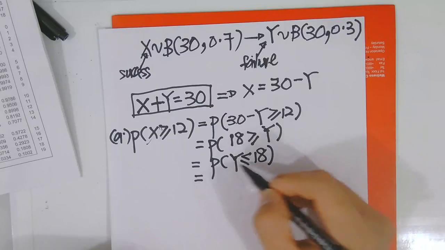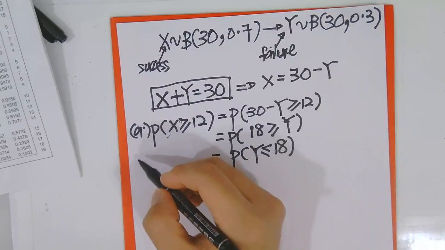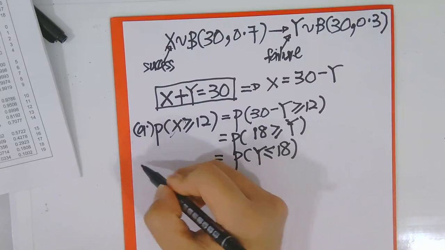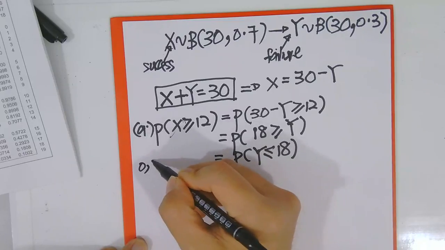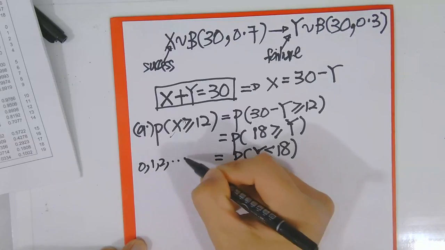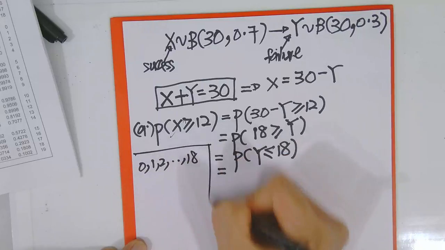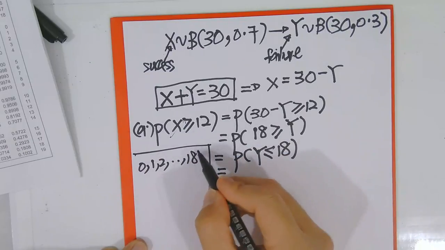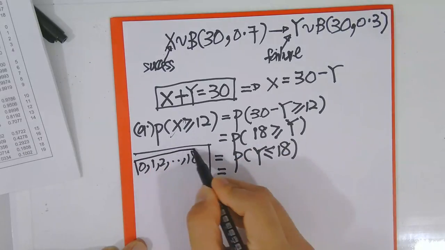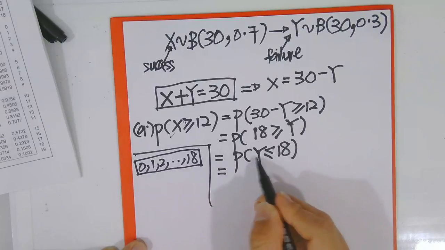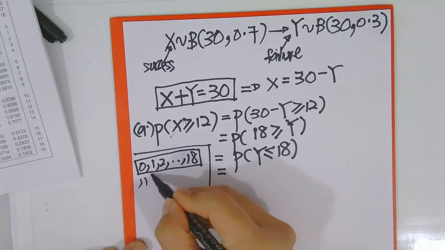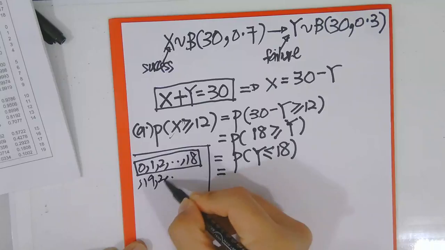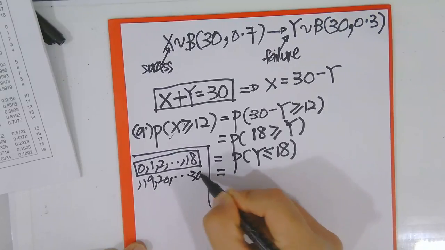So okay, if you follow the video one in my lecture notes, you know that this is 0, 1, 2, up to 18, right? You want from 0 up to 18, but you don't want 19 and above: 19, 20, up to maximum 30.